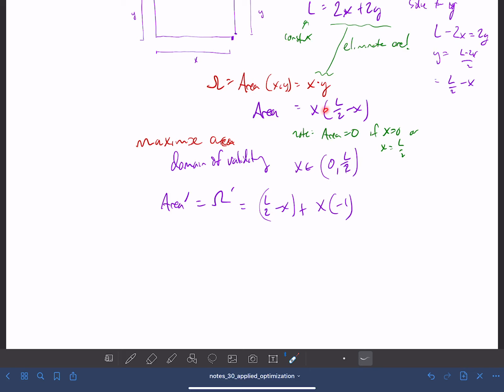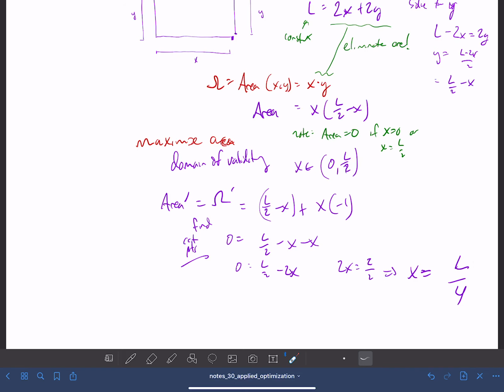Right, I've got this product here. Now we'll simplify, and I want to find the critical points. 0 equals L over 2 minus 2x, which means that 2x equals L over 2, which means that x equals L over 4.